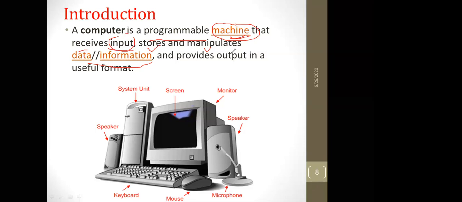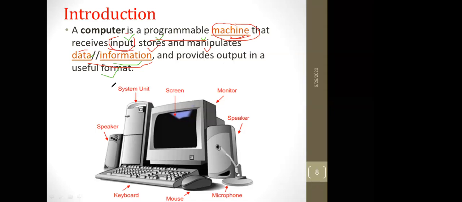It means this machine receives input, stores and manipulates the data, and provides output in a useful format. Very good. So all of you know the function of the computer, almost all.